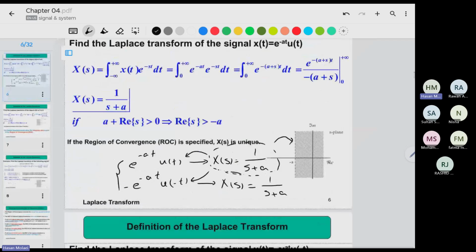For this one, if I ask you, this is my ROC, which one is the Laplace inverse of this Laplace transform? The top one or the bottom one? The top one?